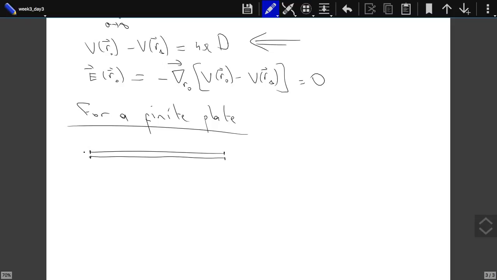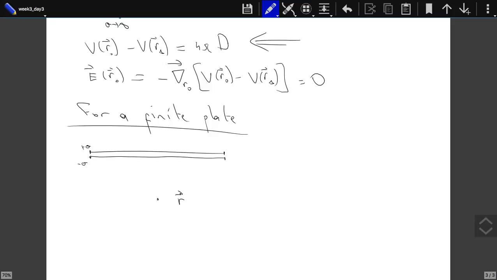This is our finite plate. Plus sigma, minus sigma. Let's say we look from here. So does the solid angle depend on this point R?